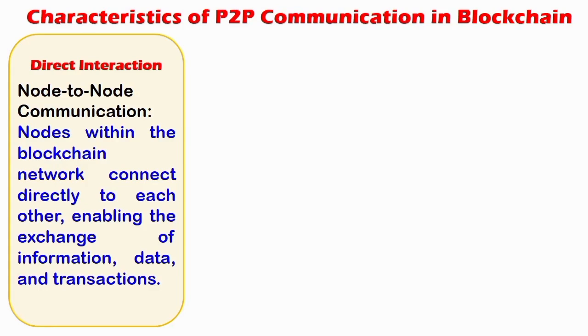In a blockchain network, every computer or node talks directly to each other. It is like having a direct line. These nodes connect and share information, data, and transactions without needing any middleman. They are like a big team communicating directly for a smooth exchange of information within the network.